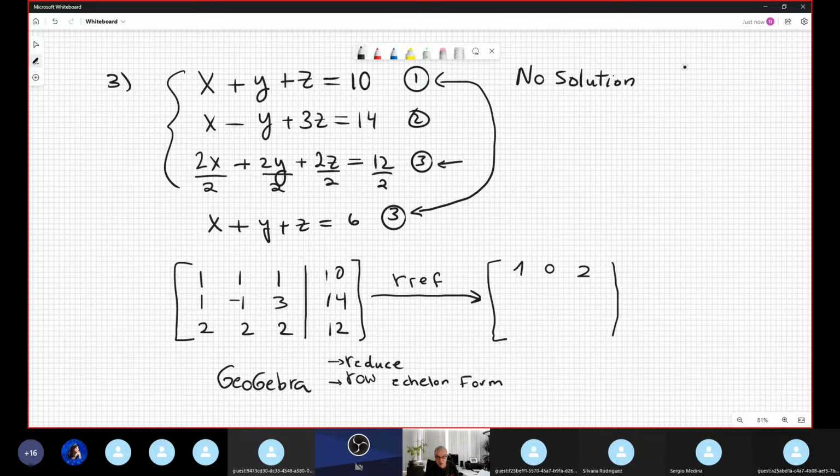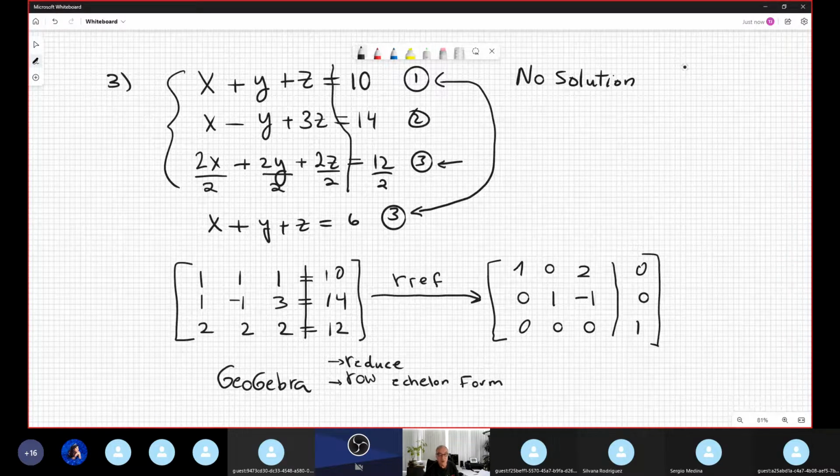The software doesn't give me the vertical line, because the vertical line is like an equal sign, to separate the coefficients in front of the variables and the right-hand side number. Then 0, 0, 1, -1, and 0. And 0, 0, 0, and 1. Now look at that, pay attention.